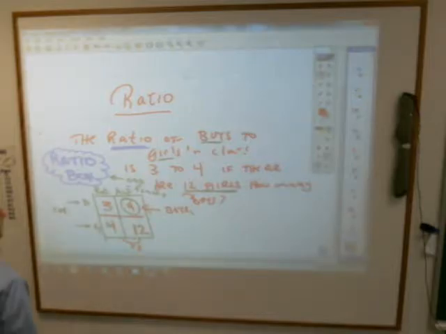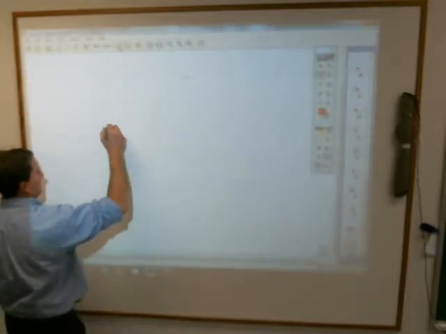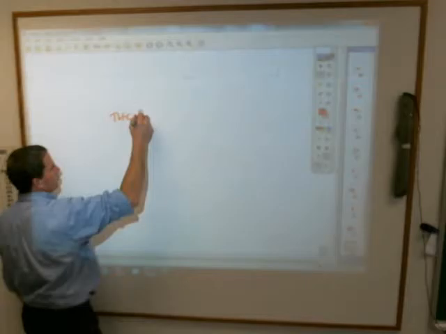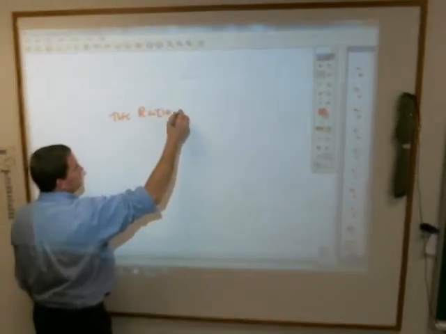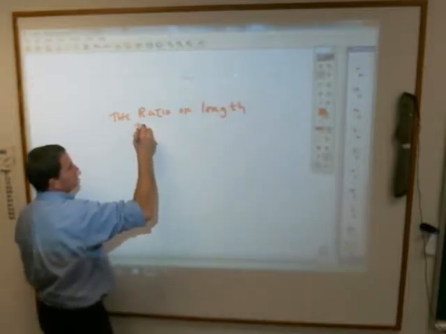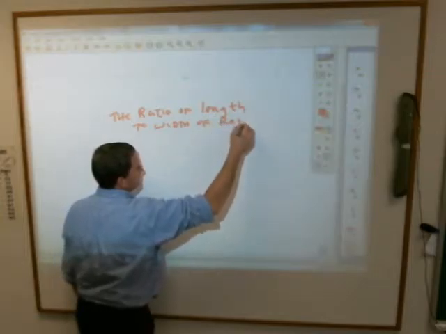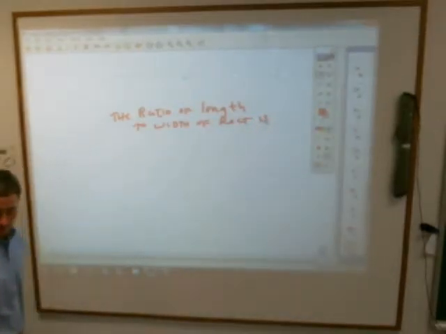Let me give you another one here. Write this down. The ratio of the length to the width of a rectangle is, don't worry, I'll find it here, 5 to 4.